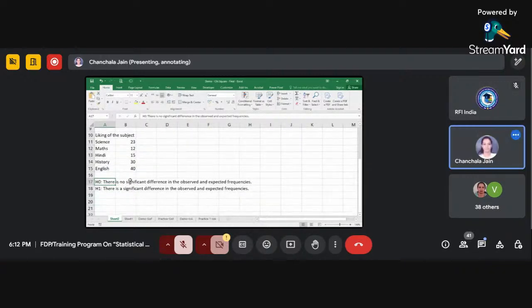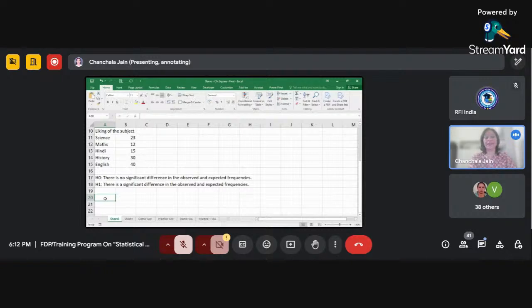Yes, ma'am. Next in the chi-square test category is the independence of attributes, or the other name for this is test of association, right?